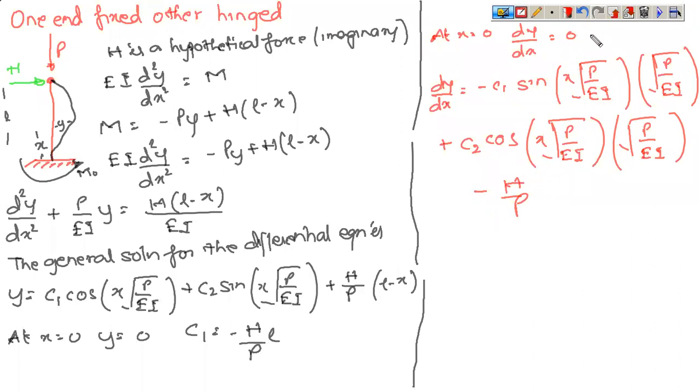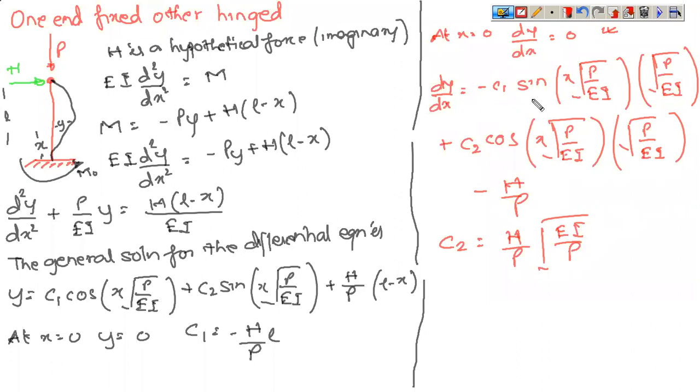If you put down this boundary condition, you have C2 is equal to H by P under root EI by P. How are you getting this?